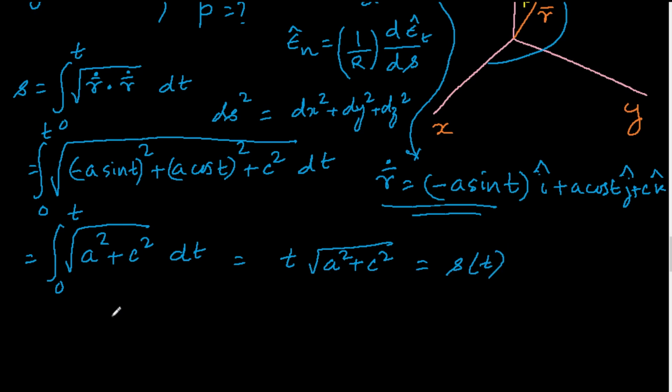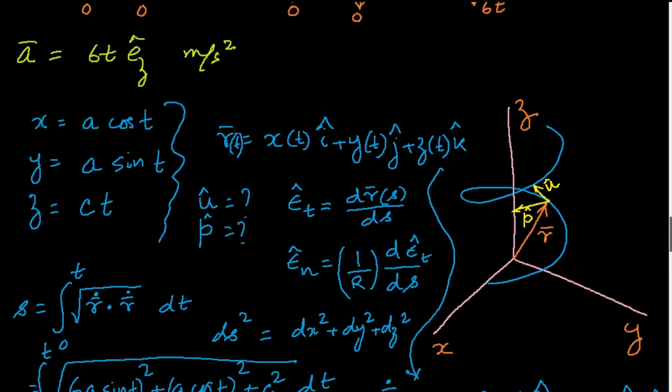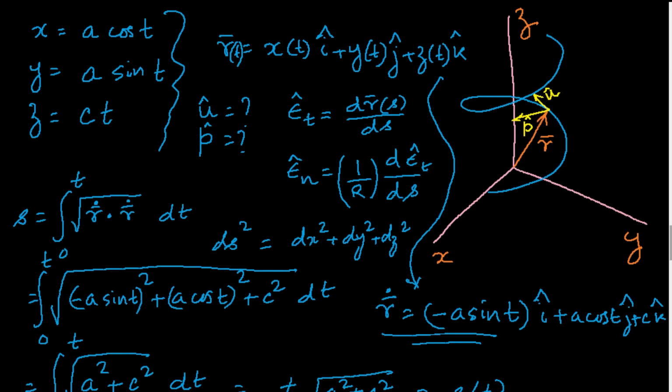Now if you invert this function to get t, you will get t is equal to s over a squared plus c squared under root. Fine. So that's what you can directly use there. So in place of t in this equation in here, you can simply substitute that.